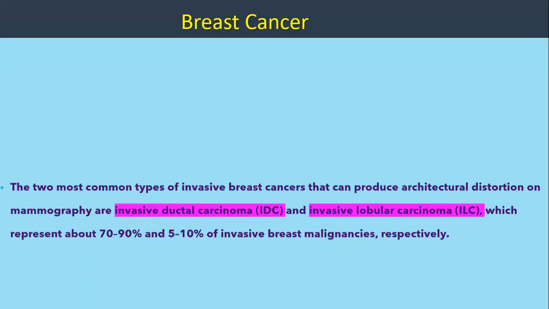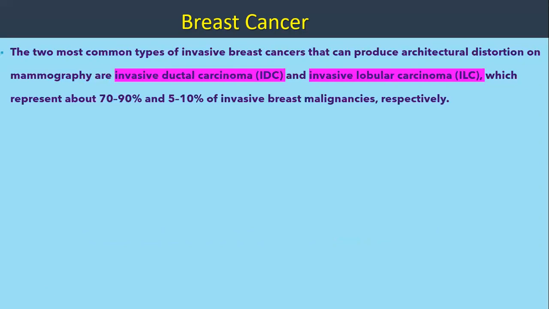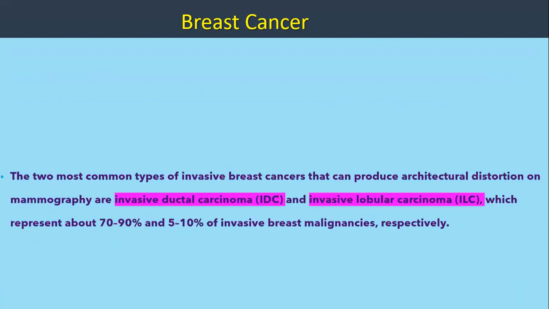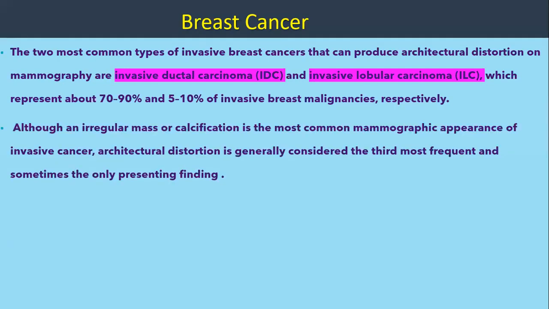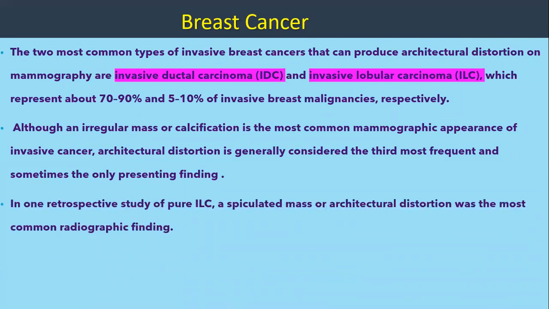So the two most common types of invasive cancer presenting as architectural distortion, we said, are invasive ductal, lobular, or mixed. The most common is invasive ductal, representing up to 90%, and lobular is the remainder. Irregular mass or calcification are the most common mammographic findings of invasive cancer; architectural distortion is generally considered the third most frequent, sometimes the only presenting feature of breast cancer.